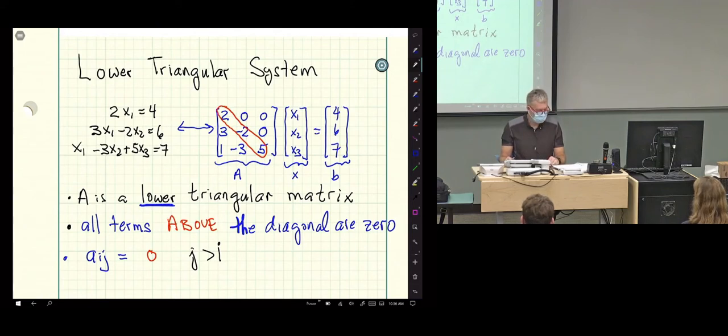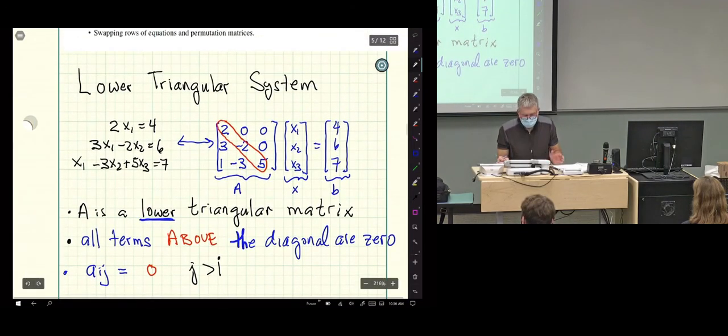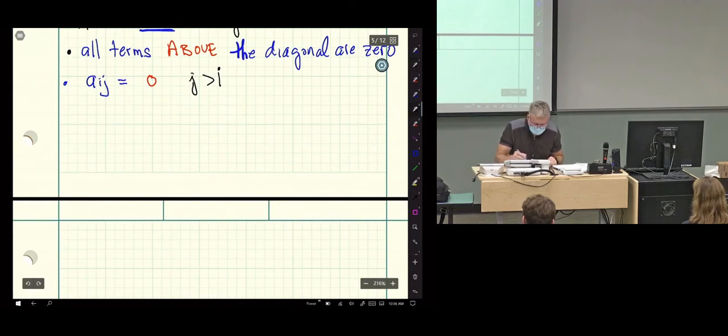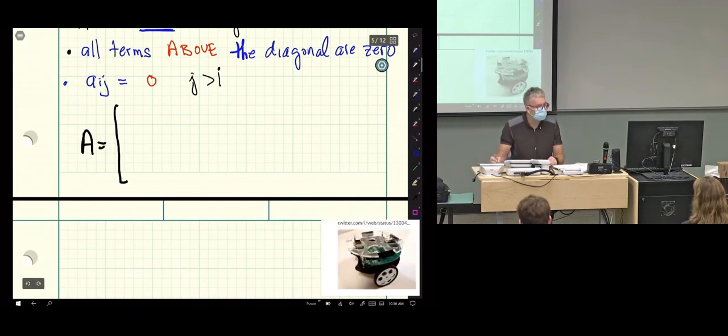Okay, so I'm just going to paste in some more examples from the book, so you've got more examples, but that's a lower triangular matrix. Do you have the patience to write down a 5 by 5 lower triangular matrix?